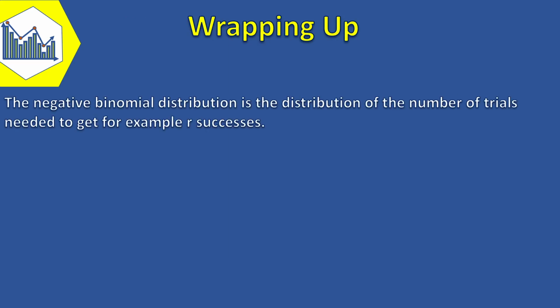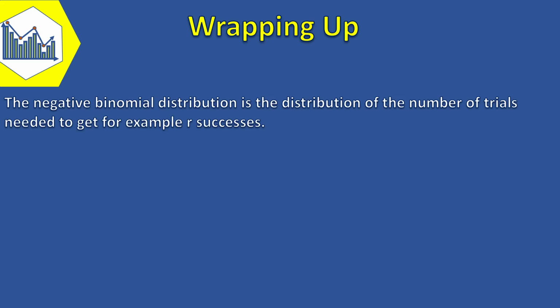Now let's wrap up the video by reviewing what we have learned so far. First, we saw that the negative binomial distribution is the distribution of the number of trials needed to get, for example, r successes.